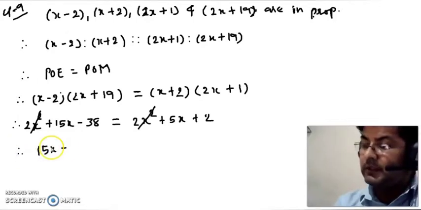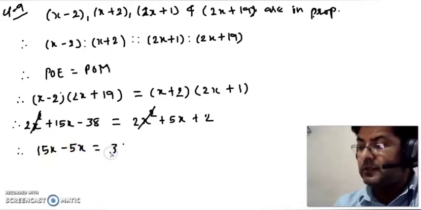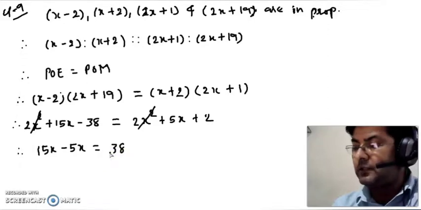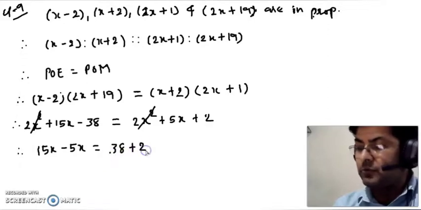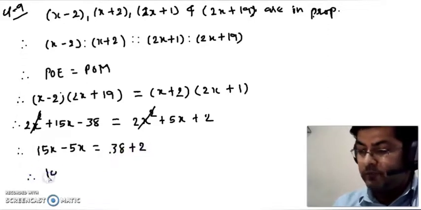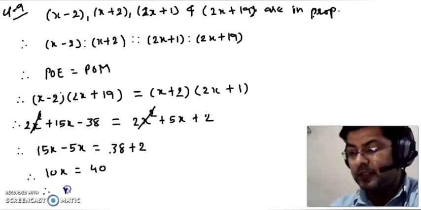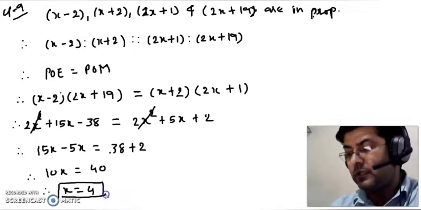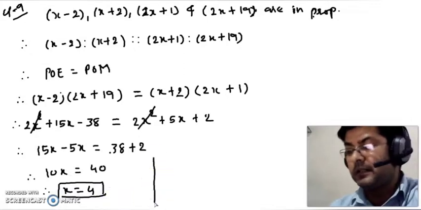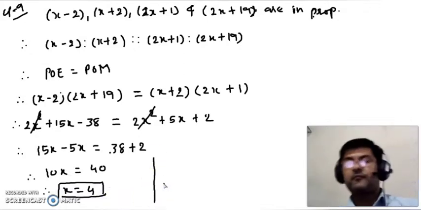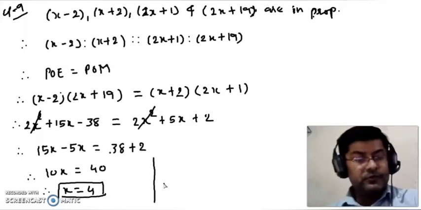So 15x minus 5x is equal to 38 plus 2, transposing on the right side. Therefore 10x is equal to 40 and therefore x is equal to 40 by 10, that is x is equal to 4. This is the required answer. Clear? So question number 9 was quite easy.